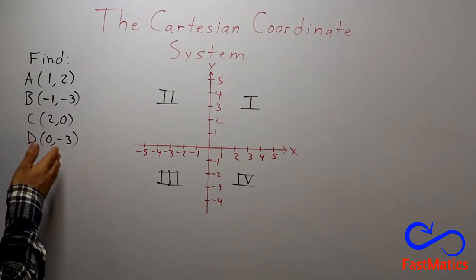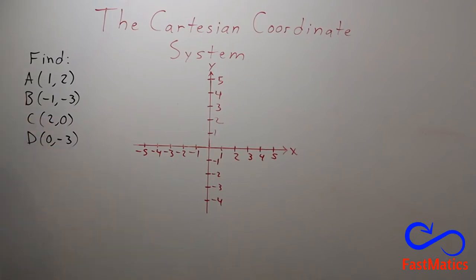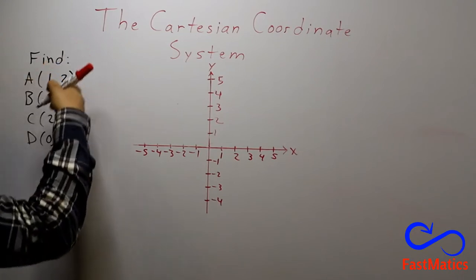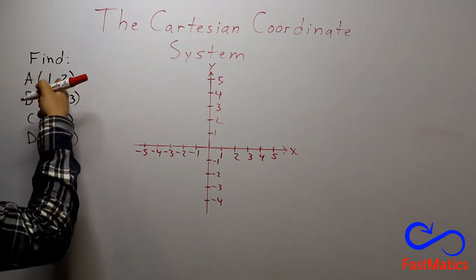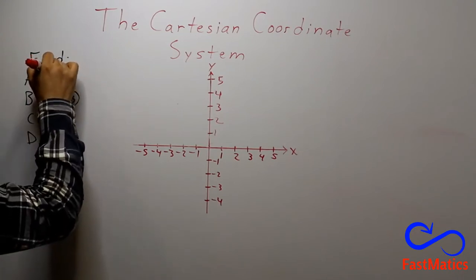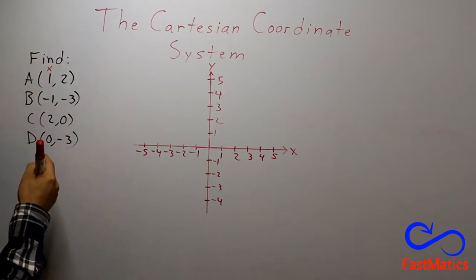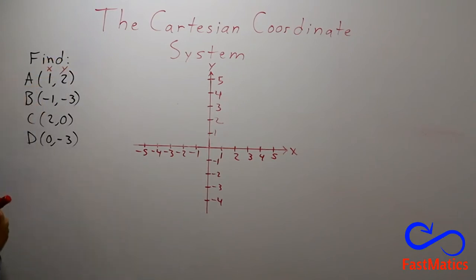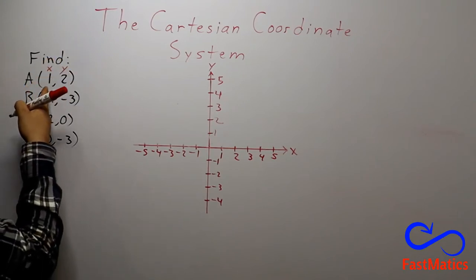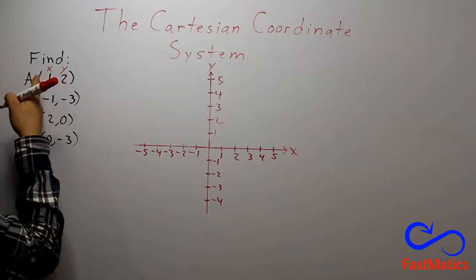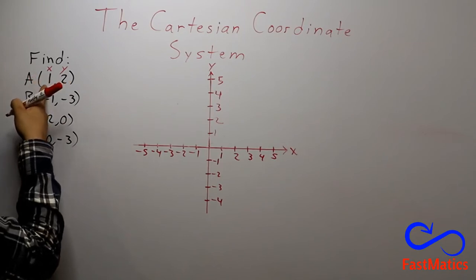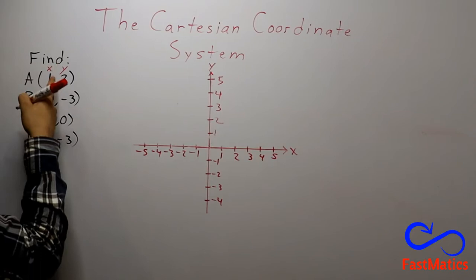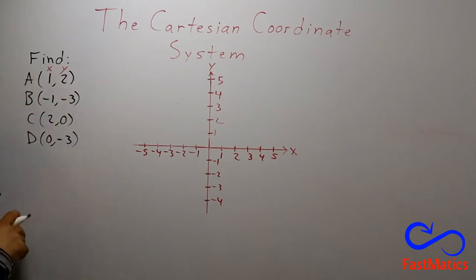Well, let's do one exercise. First of all, we have to know that we're going to use parentheses and a comma, and the first number will represent the x value, and the second number, the y value. So, what's that? You are going to go 1 unit in x and 2 units in y.